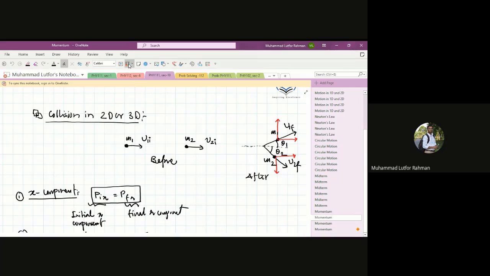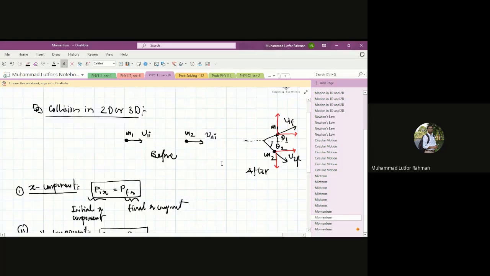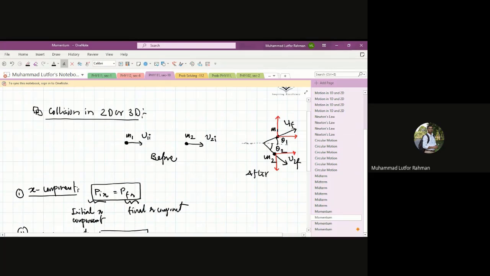Then, after the impact, for the first object, it would be M1 V1F cos theta 1. This is the mass and the velocity component along the x direction, because this is your V1F and this angle is also theta 1, since this line and this line are parallel. That's why this angle is theta 1.